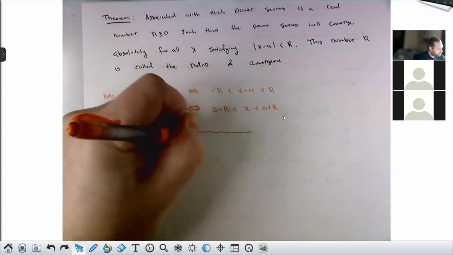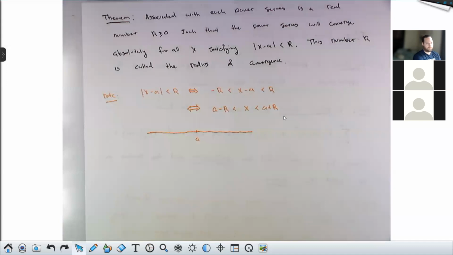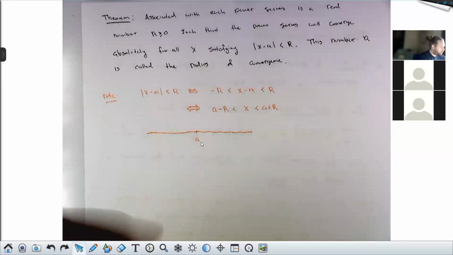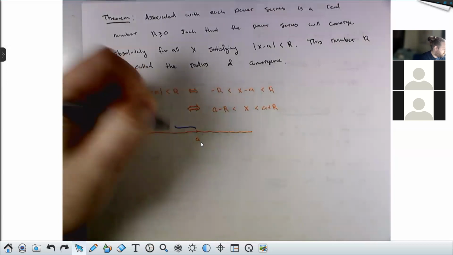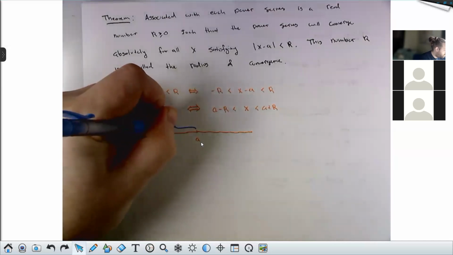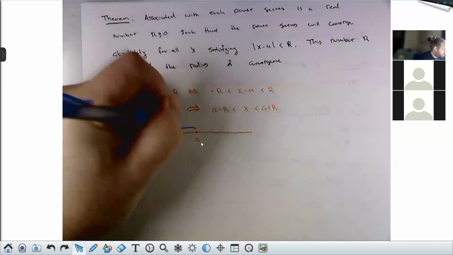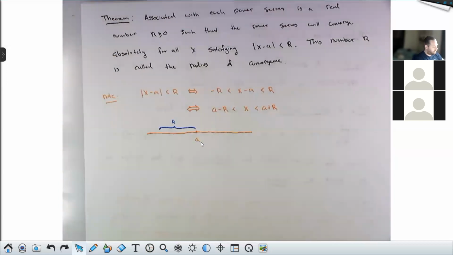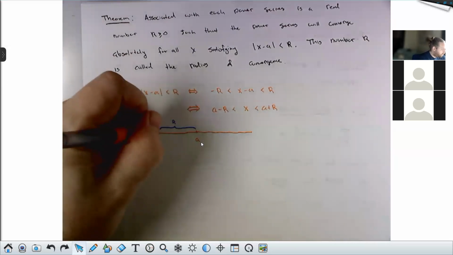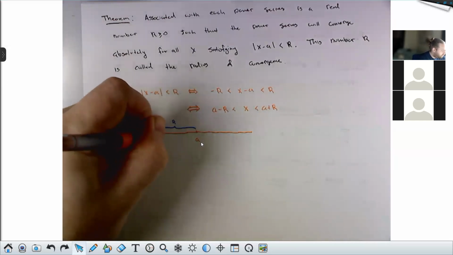Here's the number a. And that's the thing that we call the center of the power series. You're about to see why it's called the center. If I walk to the left r units, starting at a, that gets me to a minus r.